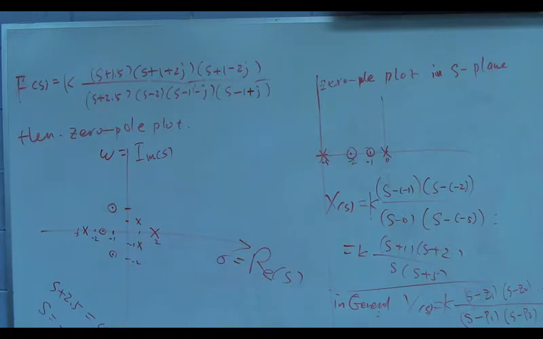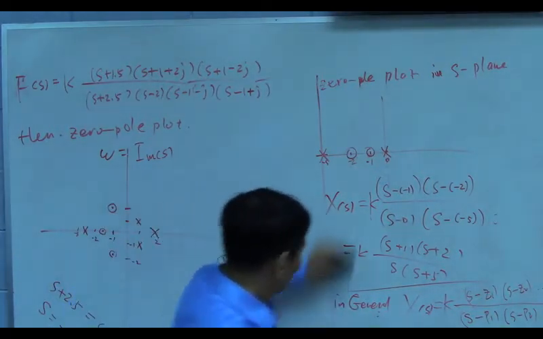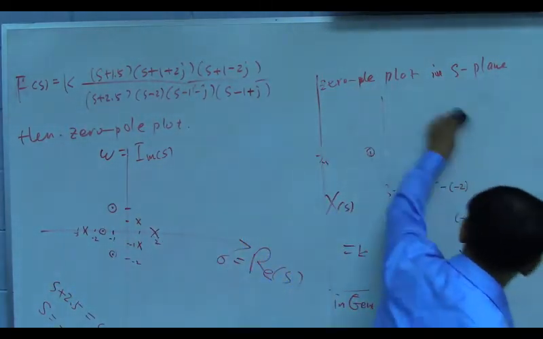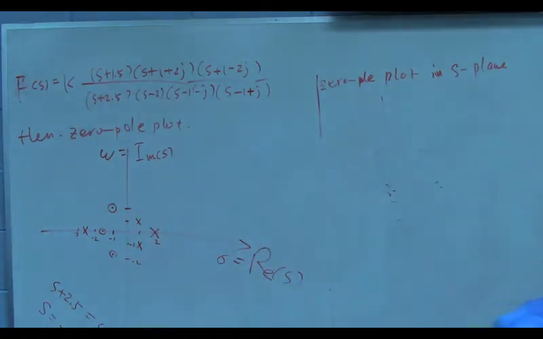The region of convergence. So what is the physical meaning for region of convergence? The physical meaning for region of convergence means if your s is in that region, then you are guaranteed to get a converged Laplace transform.